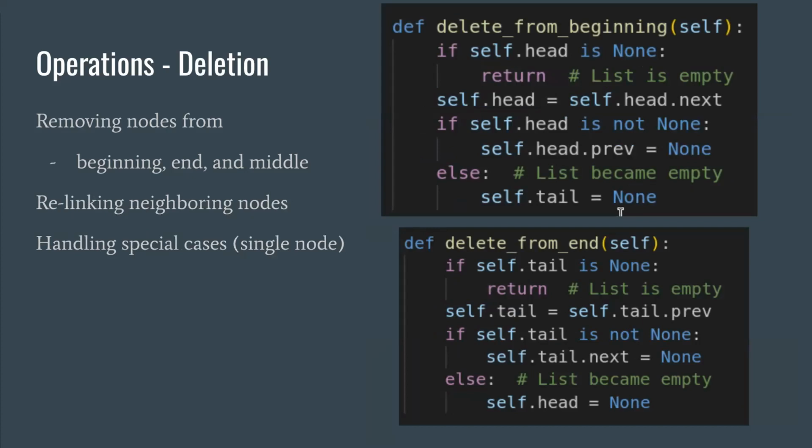So let's look at the deletion operation. What we mean by deletion is removing a node and relinking its neighbors. Whether we're removing from the beginning, the end, or the middle, we have to be careful adjusting the pointers to preserve the list integrity.